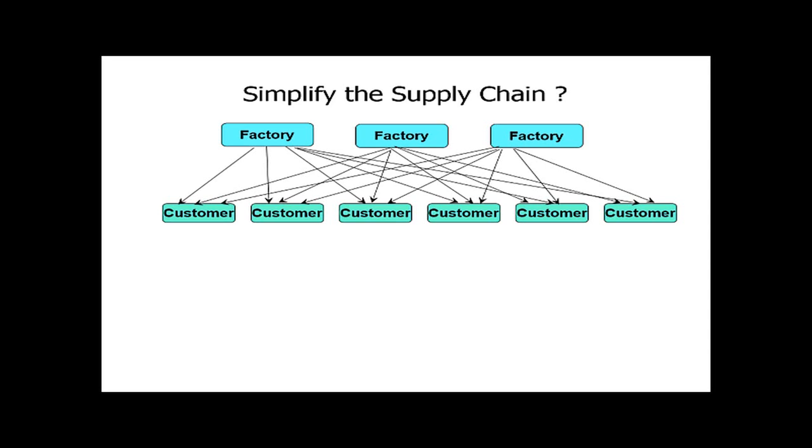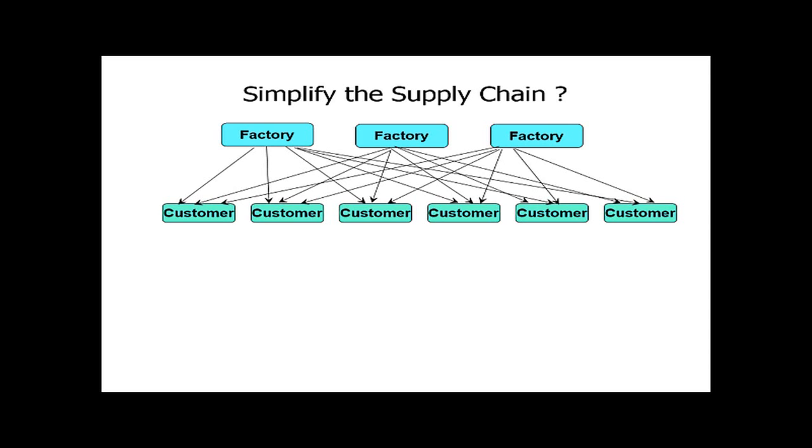So you can see there that each factory has got to have both logistical and information links with the customers. So the customers have got to tell them how many more t-shirts they need every day, every week, every month, and the factory's got to physically get those to all those different places.